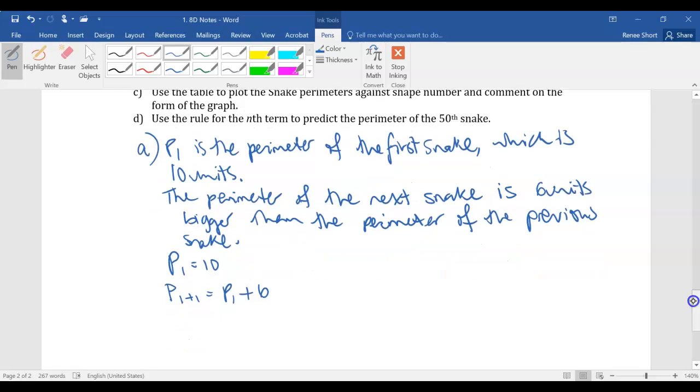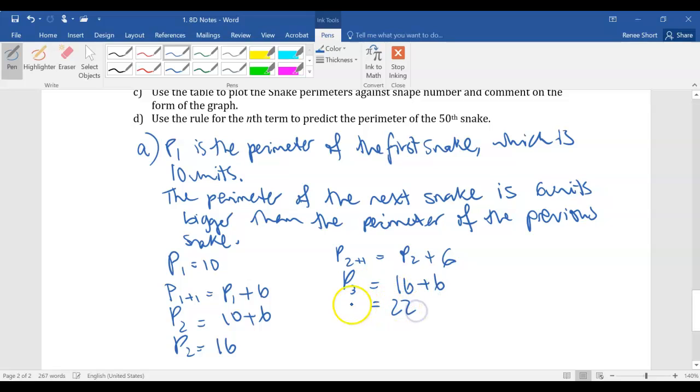So I can rewrite this here as P2 equals 10 plus 6, which is 16. So they are my first 2 terms. If I do my next one, 2 plus 1, P3 equals P2 plus 6. So the perimeter of the third snake is 16 plus 6, which is 22.